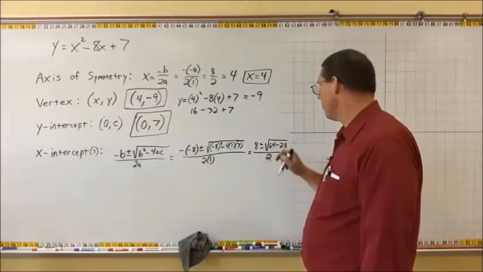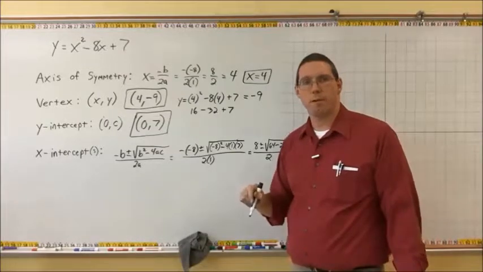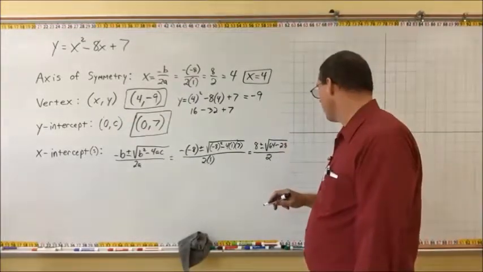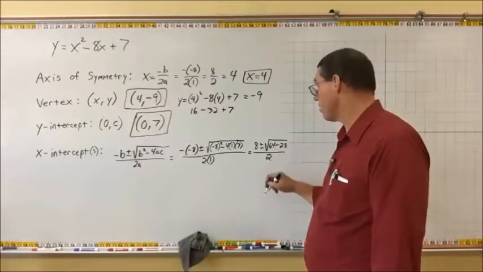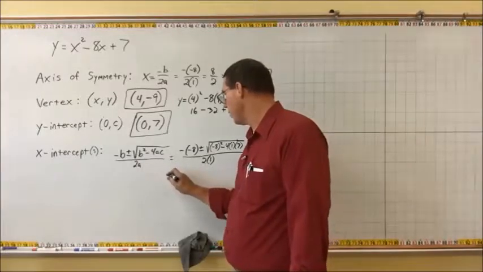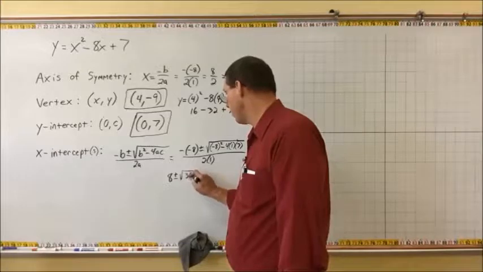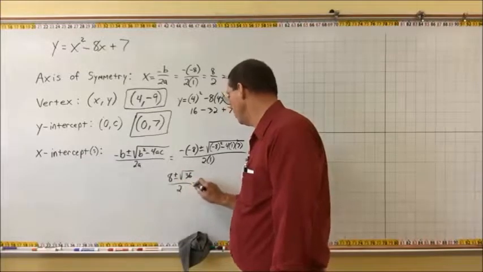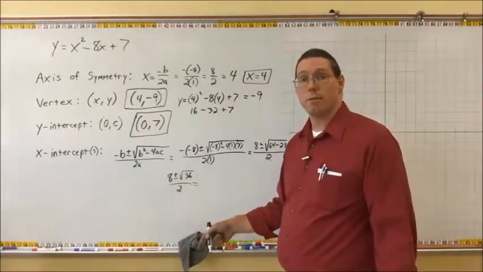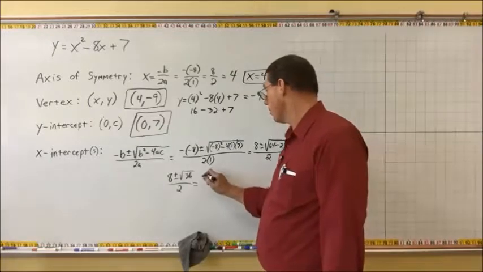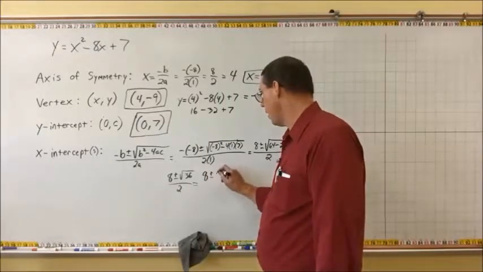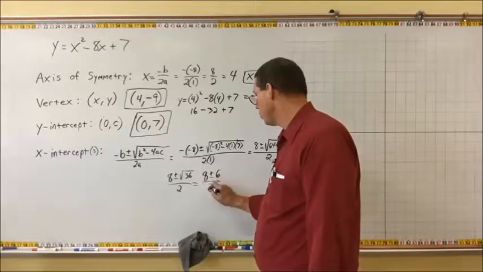Well, what's 64 minus 28? Let's see, that's 44, that's 36. So what we basically have here is 8 plus or minus the square root of 36 over 2. And the square root of 36 is 6. So this is 8 plus or minus 6 over 2.